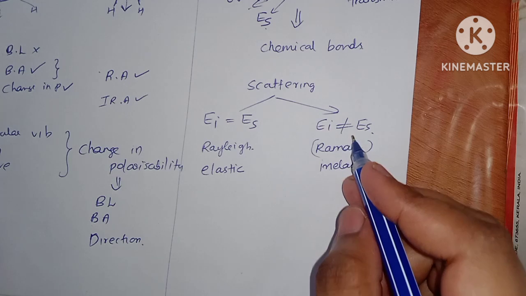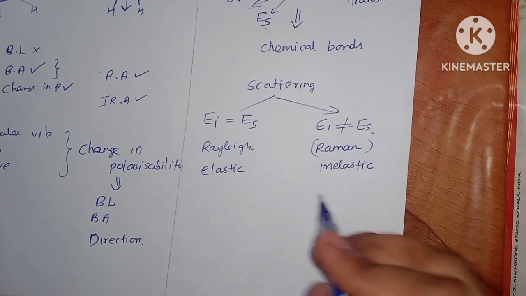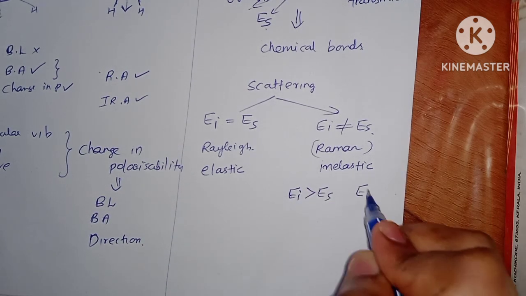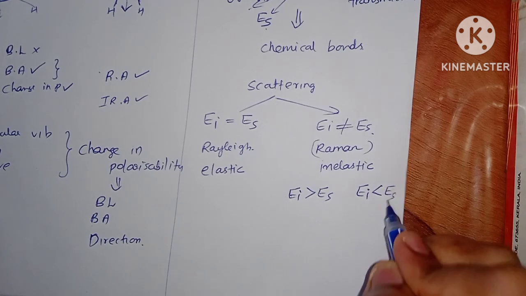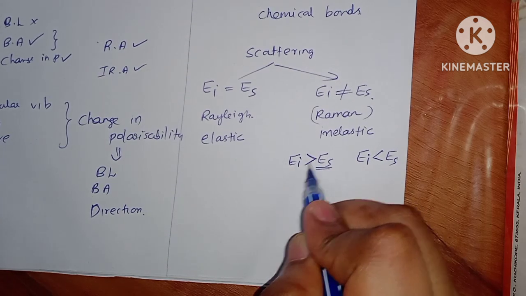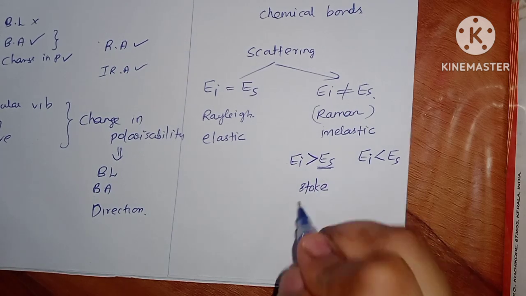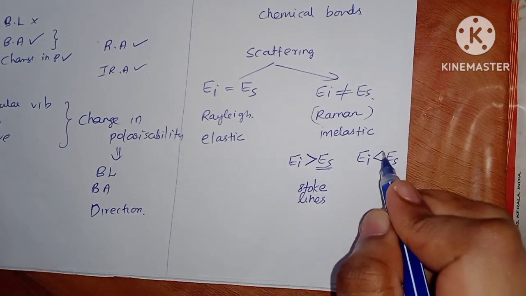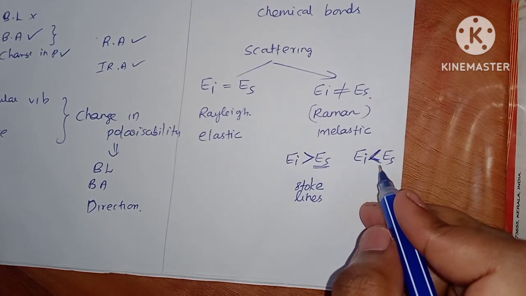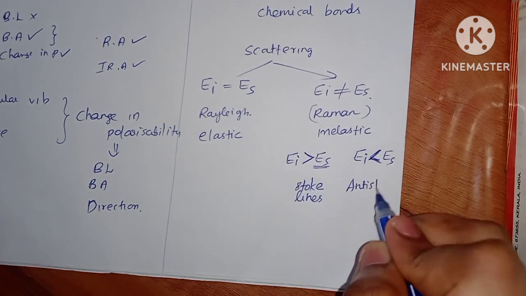In inelastic scattering, there are two possibilities. If it is not equal, that means either EI is greater than ES or EI is smaller than ES. If ES is smaller, it will result in Stokes lines in the Raman spectra. If ES is higher, that means the energy of scattered radiation is higher compared to the incident, that will give anti-Stokes lines in the Raman spectra.